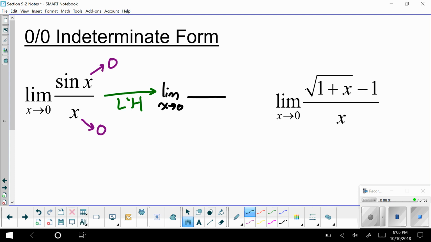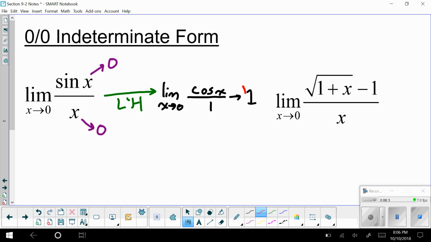When I compare the values of sine of x to x, that's going to be equivalent to comparing the rate of change of sine of x, which we know is cosine of x, to the rate of change of x, which we know is 1. Remember, rate of change means derivative. And so I have an equivalent limit now, and I try substitution again. When I plug 0 in, I get 1 over 1.